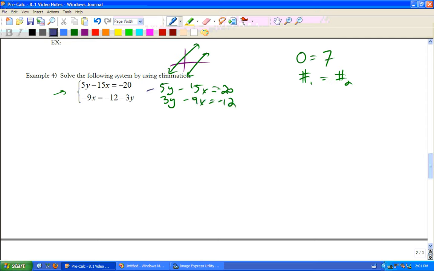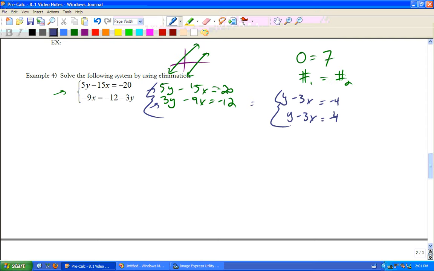Now, rather than multiplying, I'm going to be a little bit observant and say that there's a factor of 5 buried in that first equation. So this is the same thing as y minus 3x equals negative 4. Similarly, there's a factor of 3 in my second equation, so y minus 3x equals negative 12 over 3, negative 4, and oh my gosh, these are the same lines.